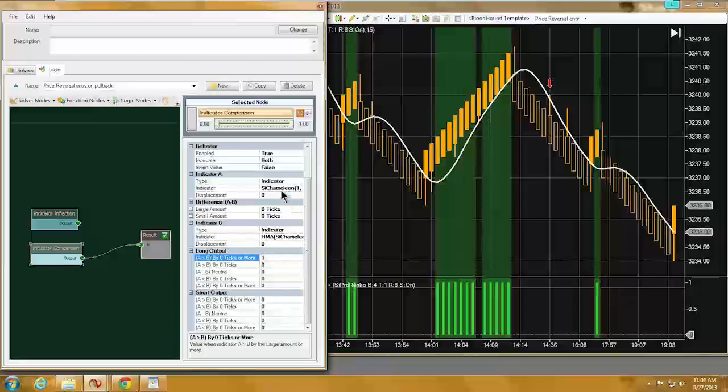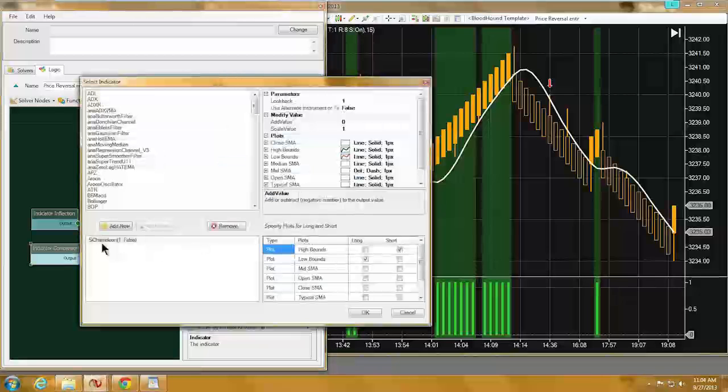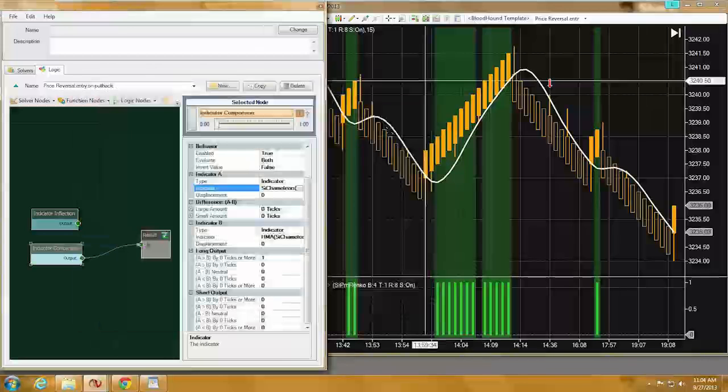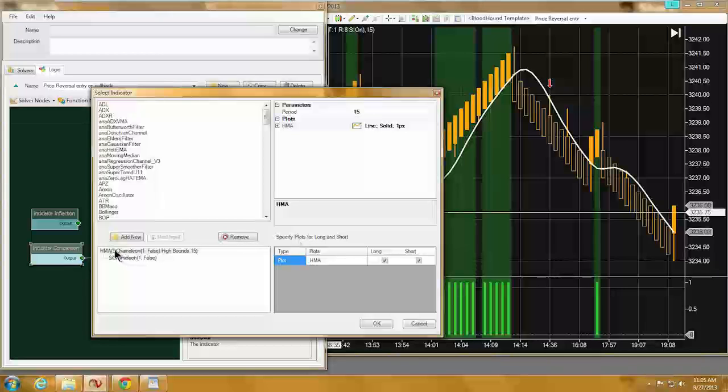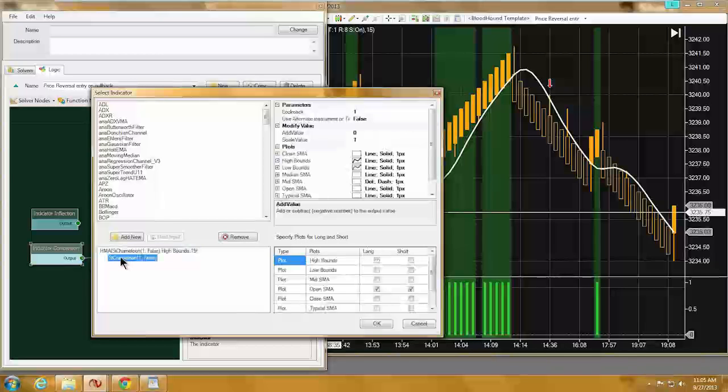And let's see what happened here. It doesn't look like the opening price is being fed into the HMA.